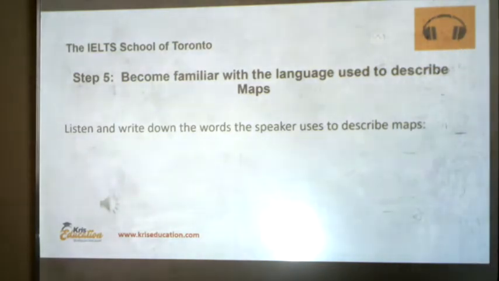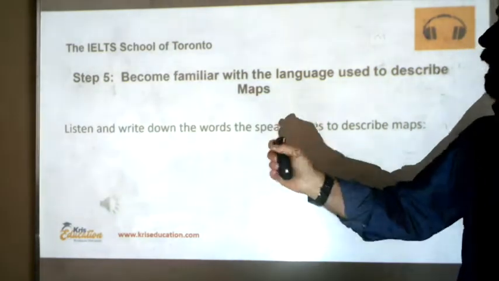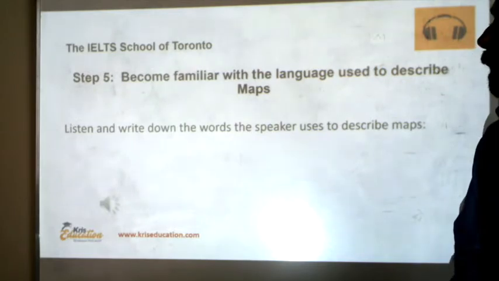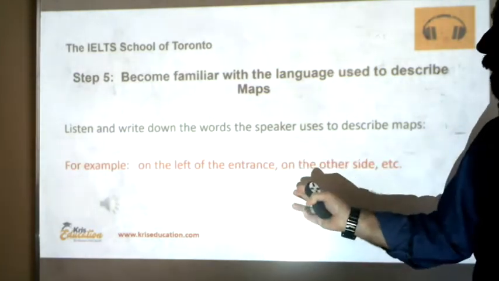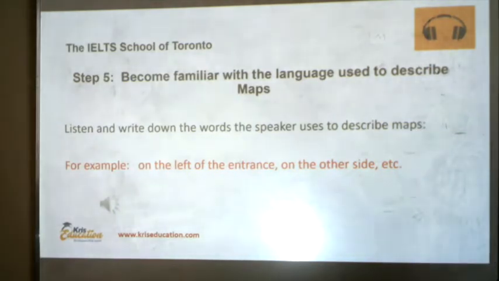And the very last thing that you need to do is become familiar with the language used to describe maps. What I want you to do right now, I will play the recording for this type of exercise, and I want you to write down just the words that the speaker uses to describe maps. It can be words like on the left of the entrance, on the other side, and so on.